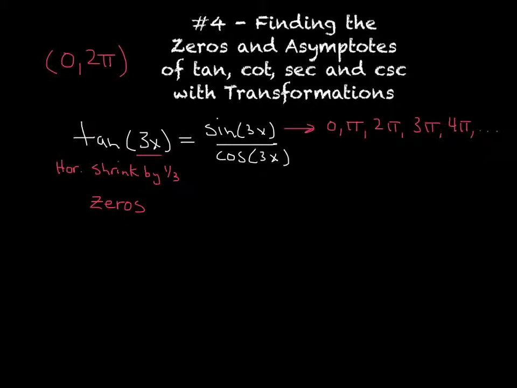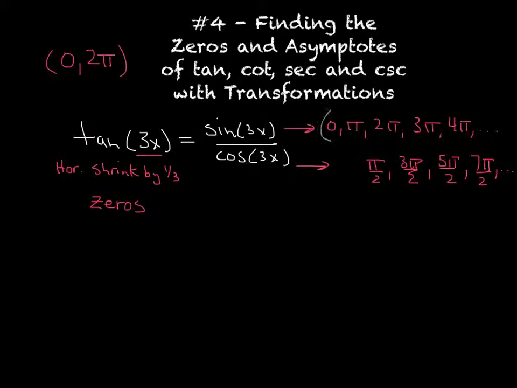So also we're going to take the normal places where the cosine is 0, which is going to be pi over 2, 3 pi over 2, 5 pi over 2, 7 pi over 2, dot, dot, dot. All right, and what do we want to do with these?